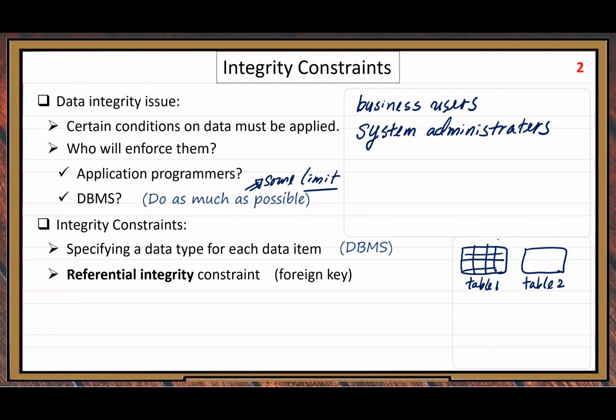One field of table 1 refers to the primary key of table 2. That's the foreign key concept. For table 2, that's the primary key. Later we will talk about that concept. Primary key is also a very important concept.